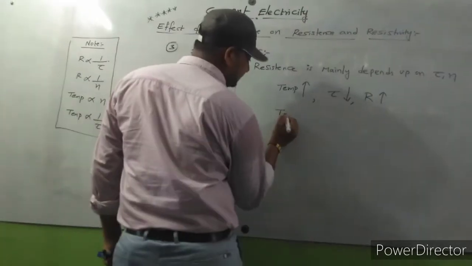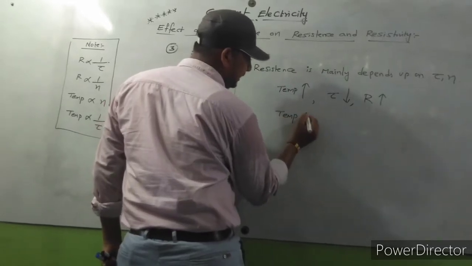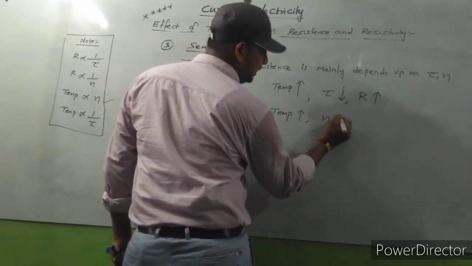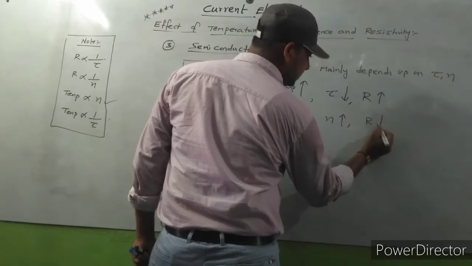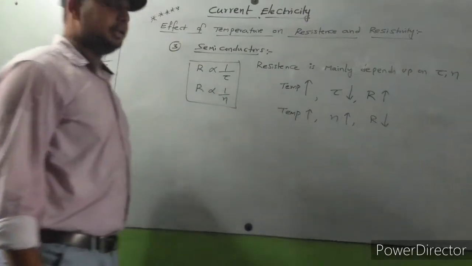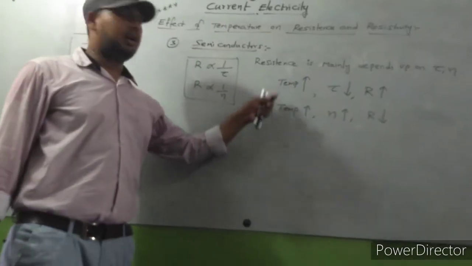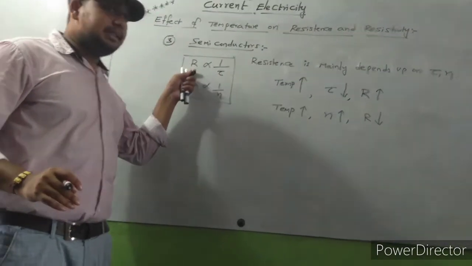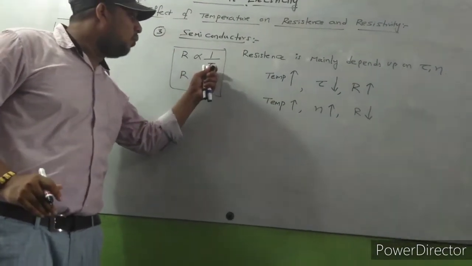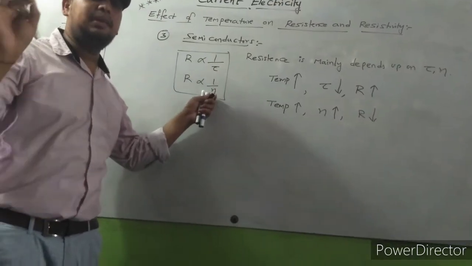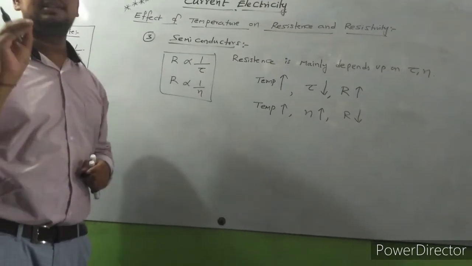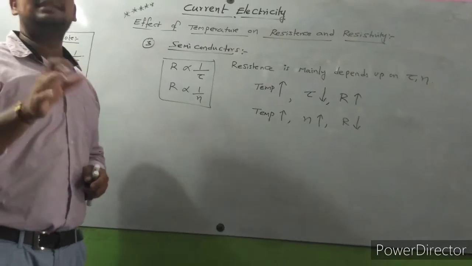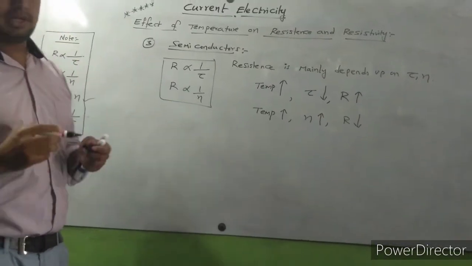If temperature increases, the N value increases. N value increases means resistance decreases. So these two are important note points. Now resistance depends upon tau and N; which plays a crucial role and which plays a negligible role? That is important.